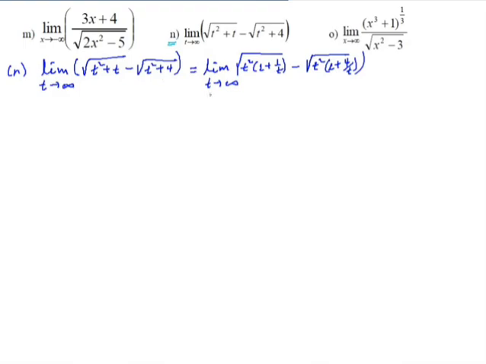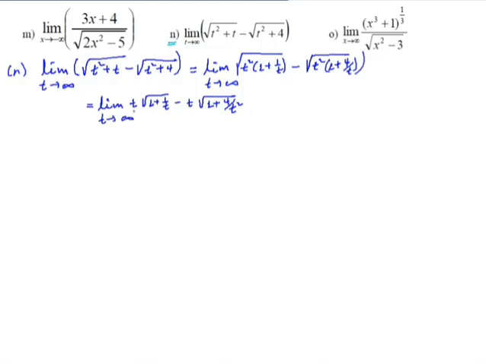So here, as t approaches infinity, t is positive, so t is considered to be positive. So we can take t squared out of the radical. So it is equivalent to the limit of t times radical 1 plus 1 over t minus t times radical 1 plus 4 over t squared as t approaches infinity.